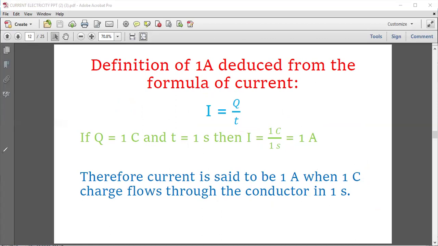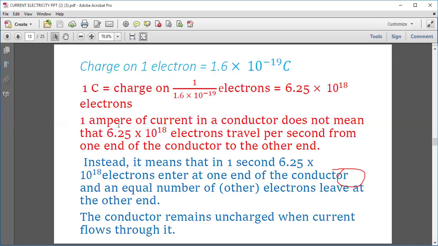Now in the next slide I will explain that 1 coulomb charge is equivalent to the charge on how many electrons. 1 coulomb का charge कितने electrons के charge के equivalent है? So you can see here, as we know, charge on 1 electron is how much?